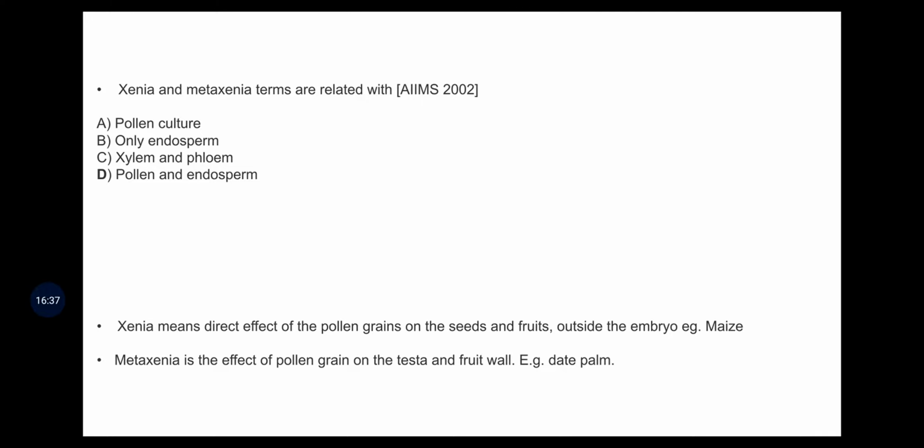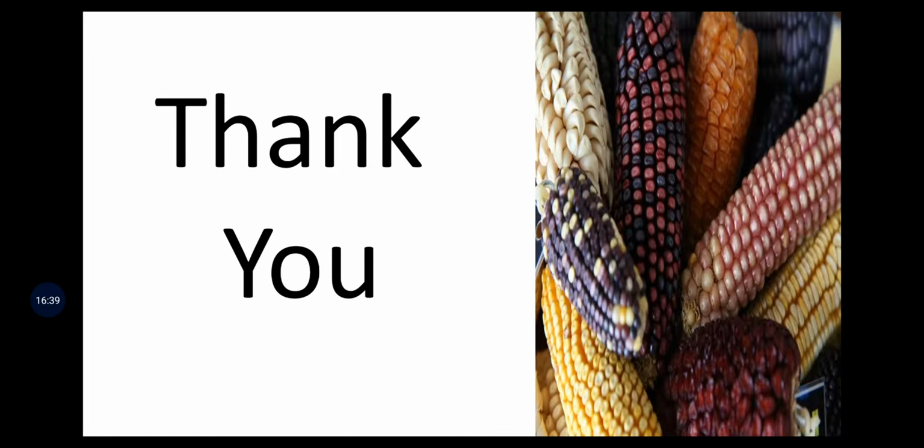By this information, I hope that you might have understood the clear difference between Xenia and Metaxenia and the effects of these particular phenomena on different crops, and the major beauty of these effects are the variegation or the attractiveness in color formation, as well as the physical or the phenotypic appearance of the particular crop.